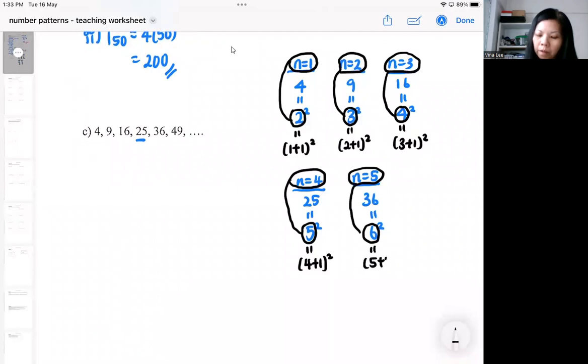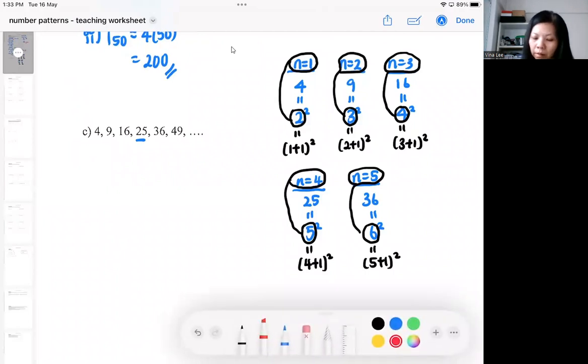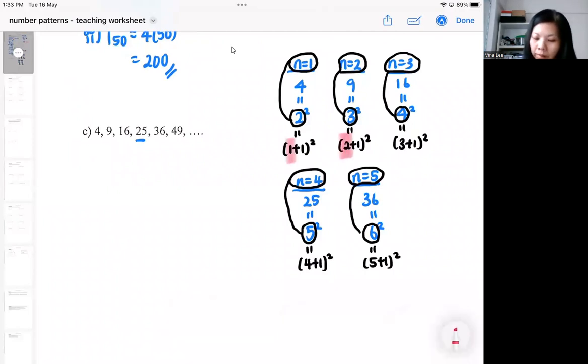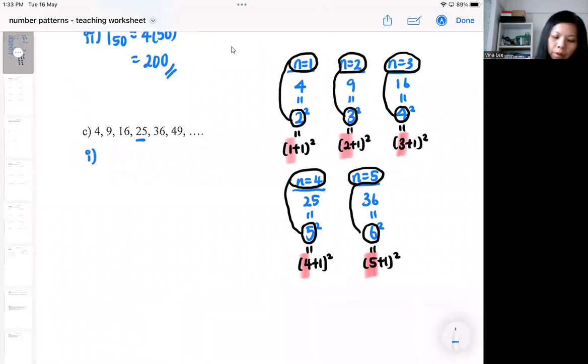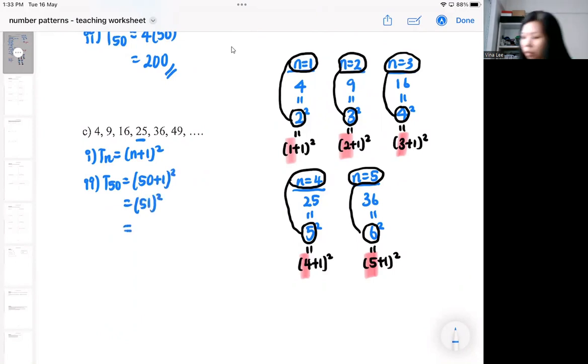That will be 5 plus 1 squared. So the n is appearing here. That means after some observation, the formula will be n plus 1 squared. So you observe how it is related to n. If I want the 50th term, it will just be n equal to 50, and then you just punch the calculator.